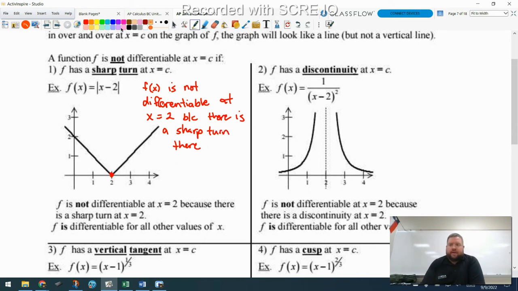Notice that I identified the location where this happens. That is because f of x is differentiable at every other point. I can pick any other point on this function, and the function would have a derivative there.